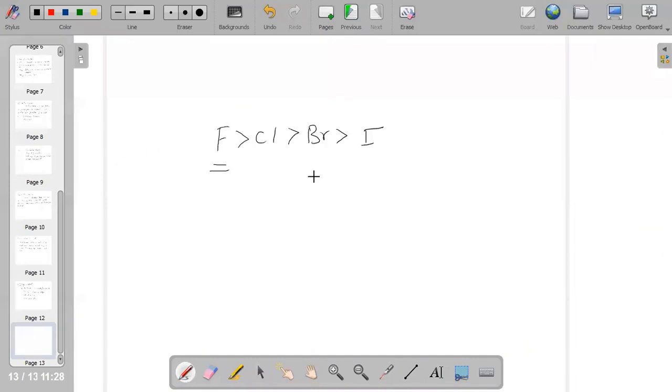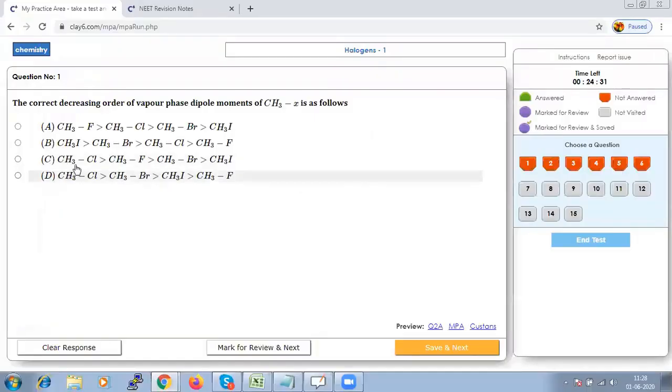Hence the order is Cl, F, Br and I. Option C should be the right option.